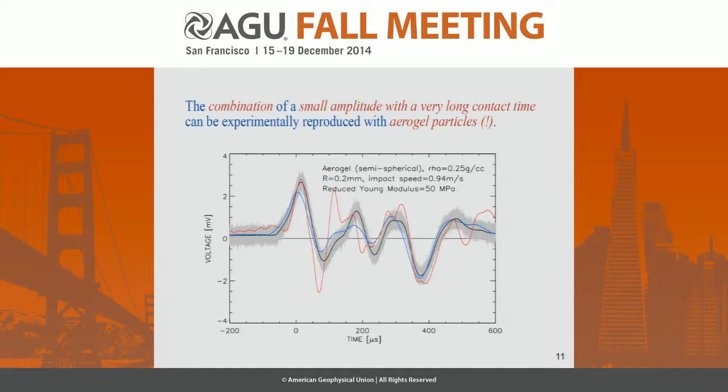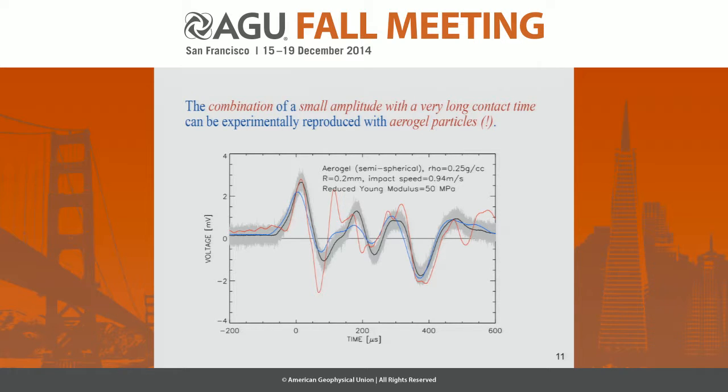In particular, the aerogel we used has a density of 0.25 grams per cubic centimeter and a reduced Young modulus on the order of 50 megapascals. And this is basically the type of signal that might be quite similar to the particle we detected.